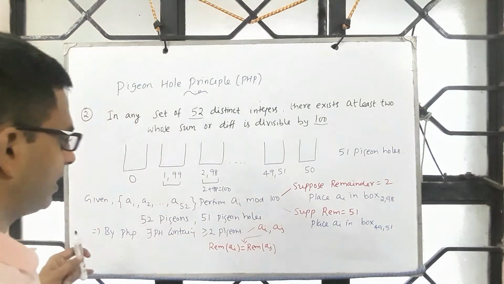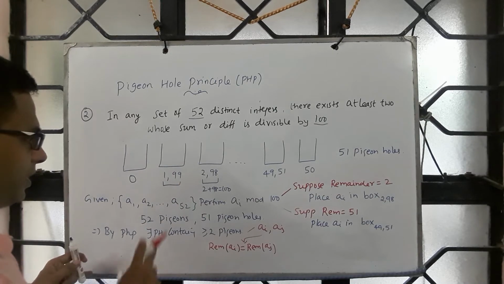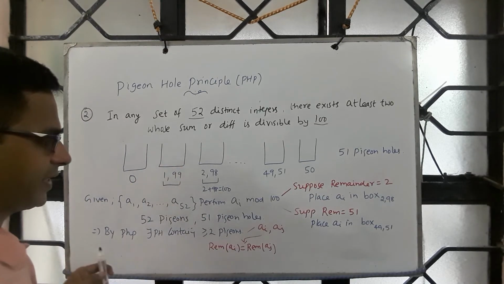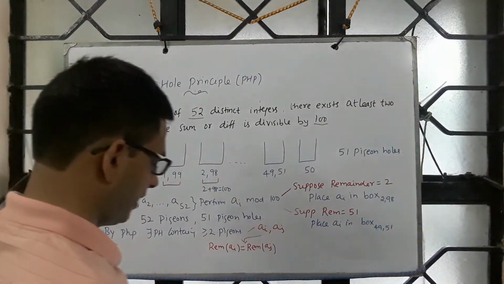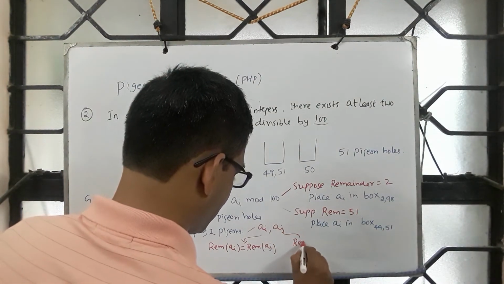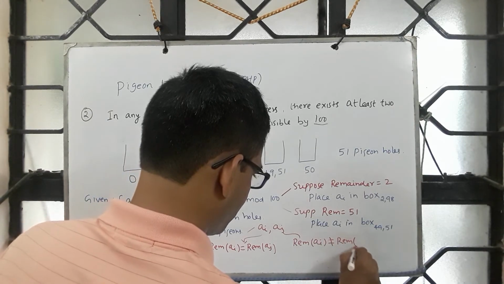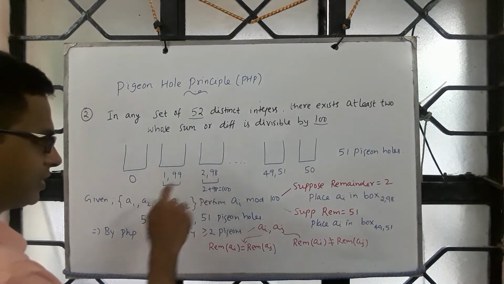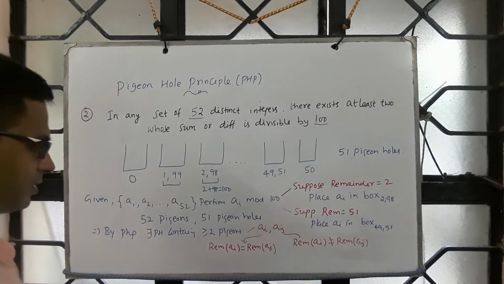It may so happen that in this box you find AI and AJ, for both of them remainder is 1, or for both of them remainder is 99. Correct? So if the remainder is same, or you see that their remainders are different, one of them is 1, the other one is 99. One of them is 2, the other one is 98. You may fall into this case or you may fall into this case.